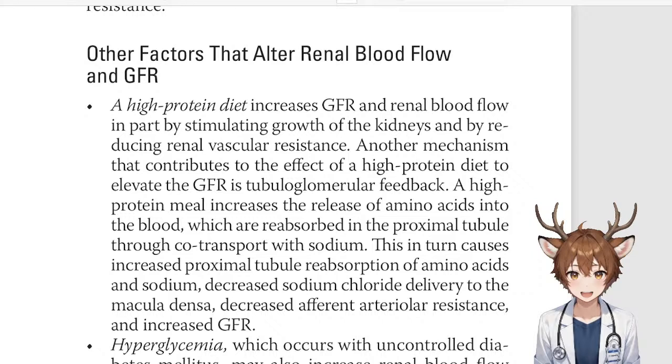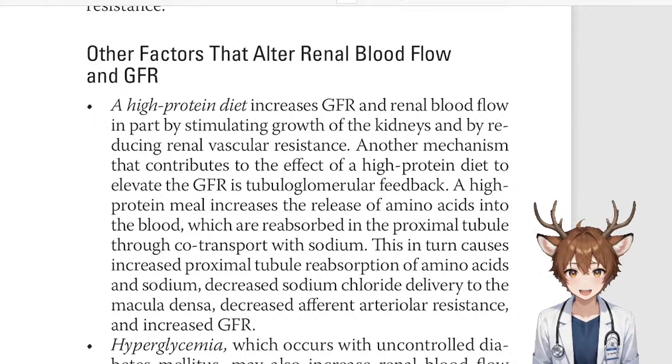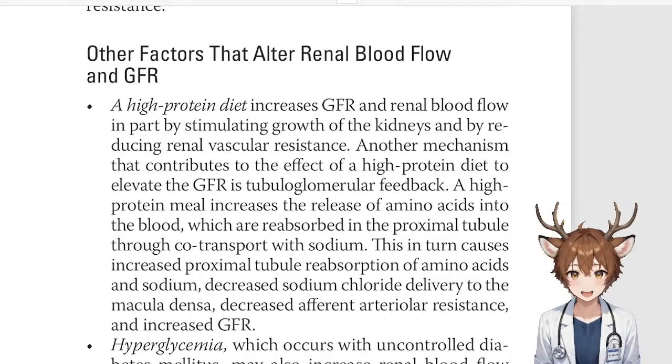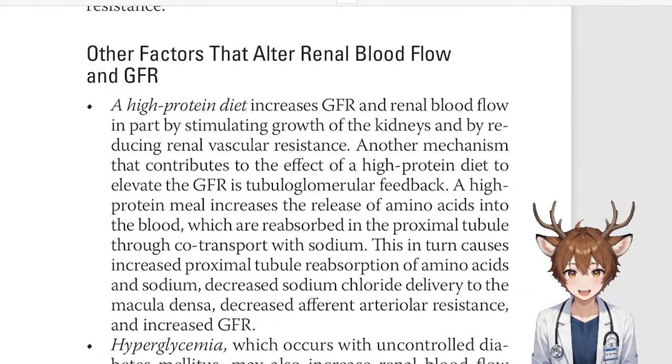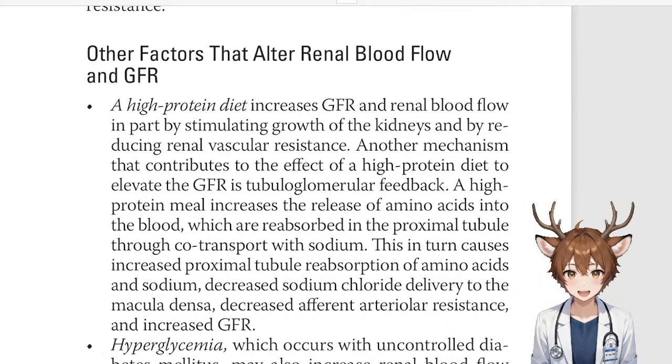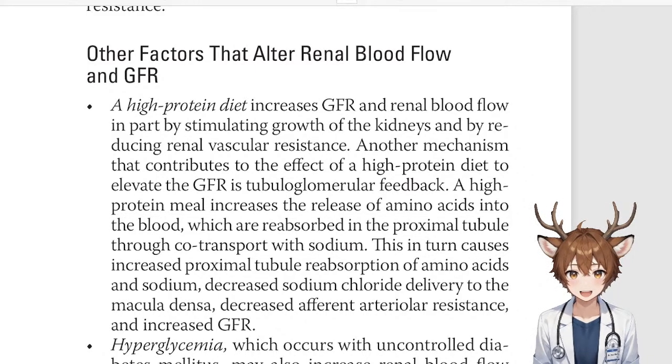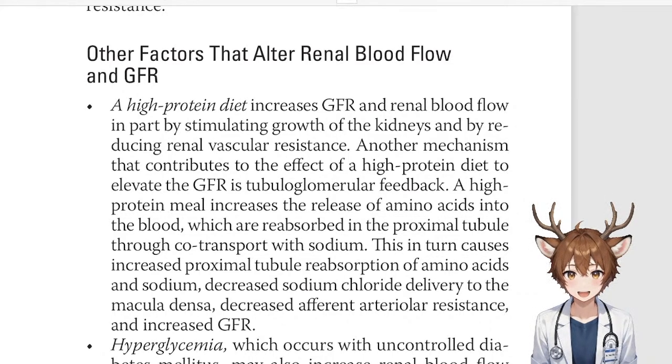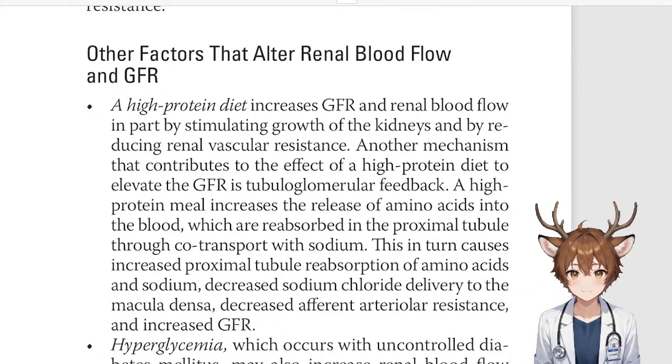A high protein meal increases the release of amino acids into the blood, which are reabsorbed in the proximal tubule through co-transport with sodium. This in turn causes increased proximal tubule reabsorption of amino acids and sodium, decreased sodium chloride delivery to the macula densa, decreased afferent arteriolar resistance, and an increased GFR.